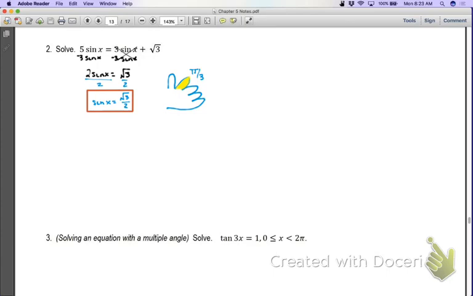So remember, if you want to use your circle, that just means that it's everything up here. So pi over 3 plus 2 pi n and 2 pi over 3 plus 2 pi n.